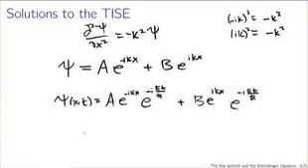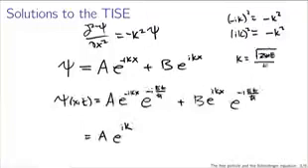We can rewrite this a little bit as A e to the i k. Now, what I'm doing here is substituting in the definition of k, which if you remember was the square root of 2mE all over h bar, expressing energy in terms of this k. And when I do that, this term ends up looking like h bar k squared over 2m.